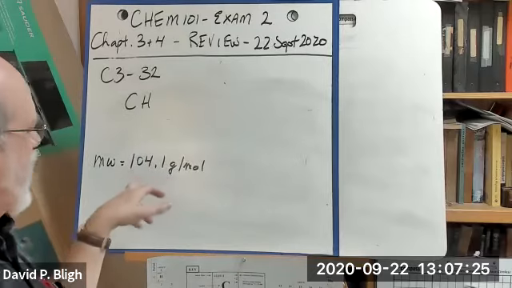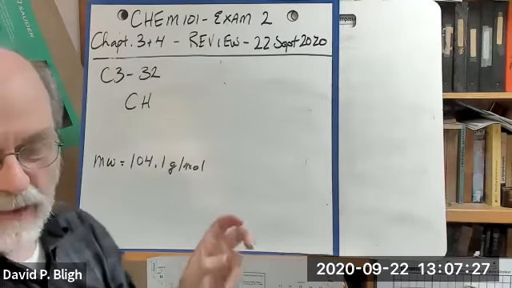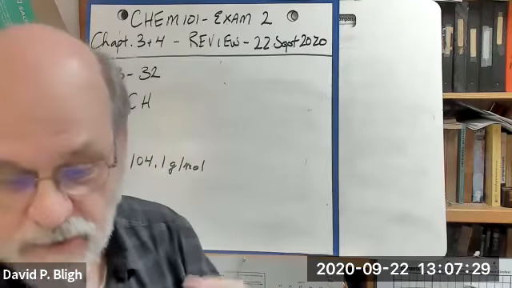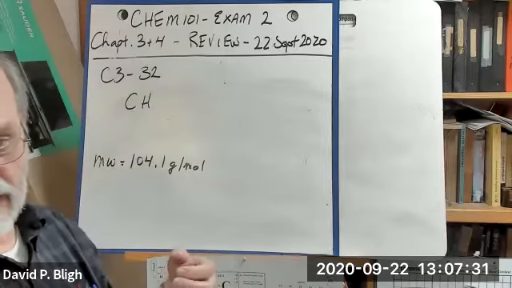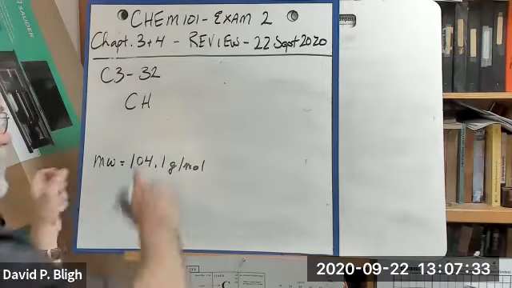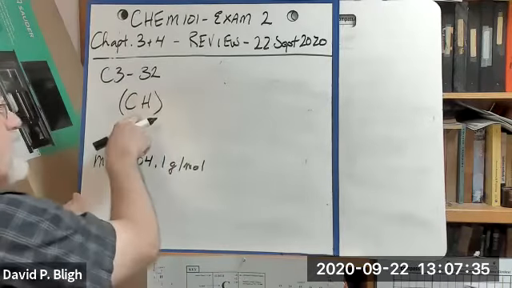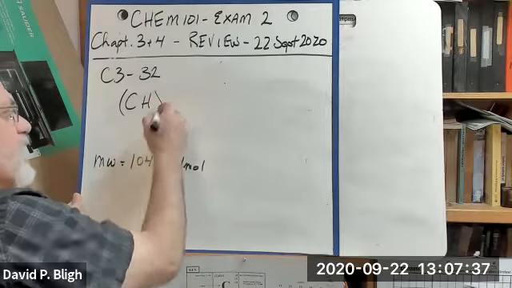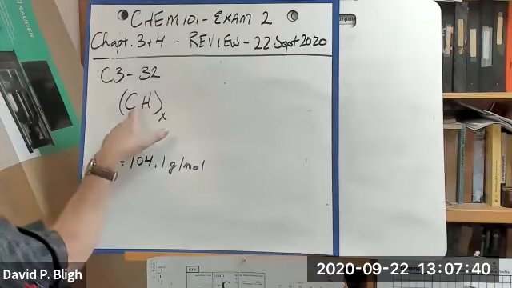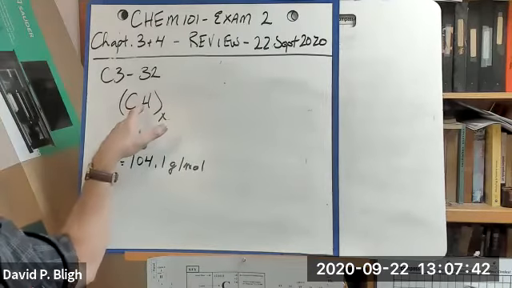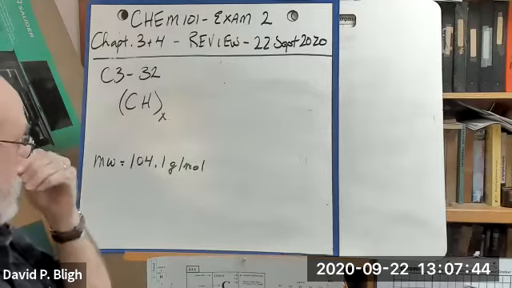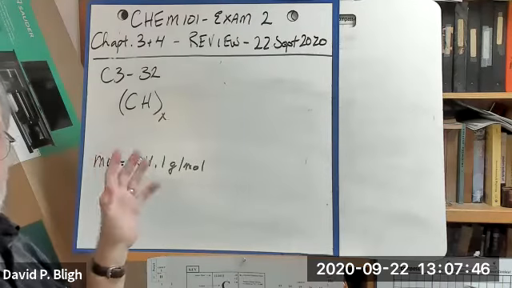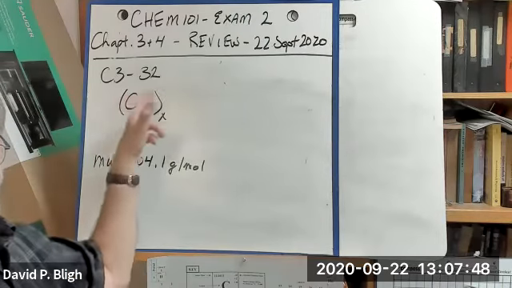So the molecular weight is that. So how do you get from there to answer the question, what's the molecular formula for styrene? Remember, if this is the empirical, we need some value that multiplies by every subscript in the formula to give us the molecular formula. The empirical formula is the simplest whole number ratio, which is 1 to 1.